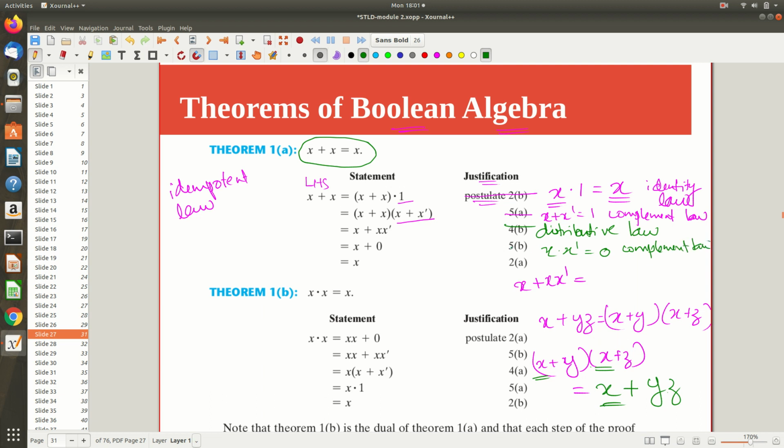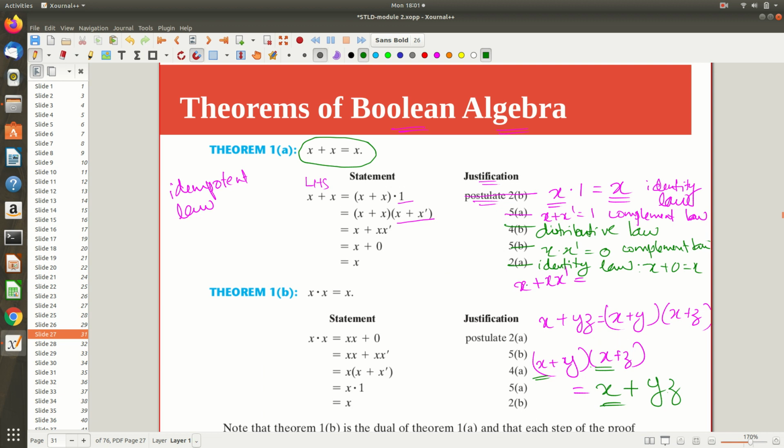Complement law, right? Now finally, you know, x plus 0 is x. Again, what is this? X plus 0 is x. This is again our basic postulate, that is identity law. Simply write identity law. What is identity law? X plus 0 is x. We can either give the name or give an expansion for the law also. Like that you can give the justification.